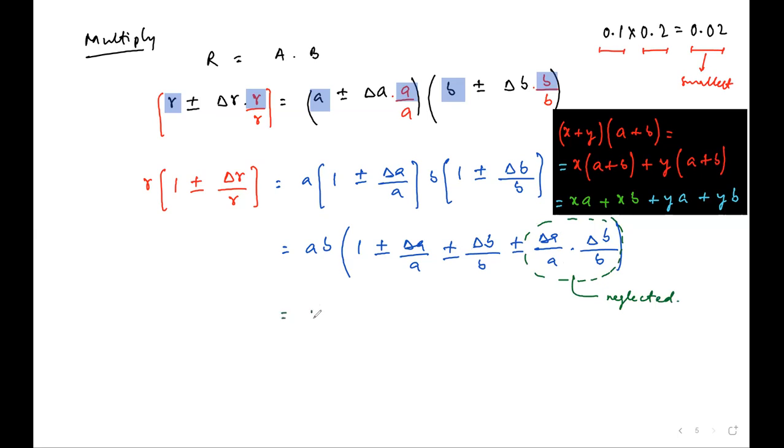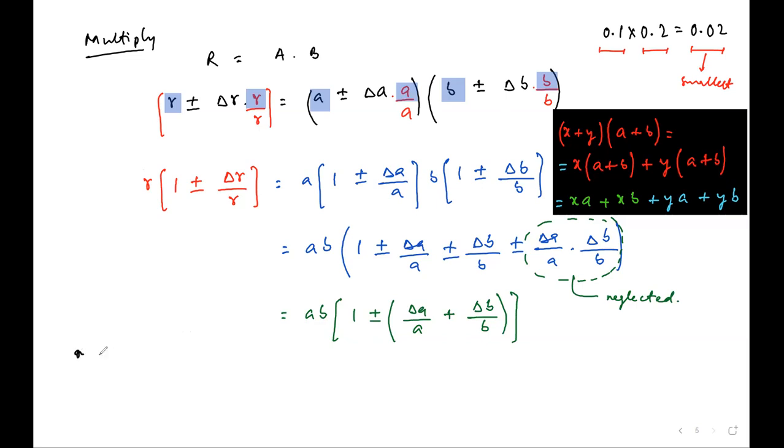Now, if we take out common, it will be 1 plus minus, and we're left with delta a by a plus delta b by b. Now, if you compare these two segments, we have left hand side as coefficient r and right hand side as this part.